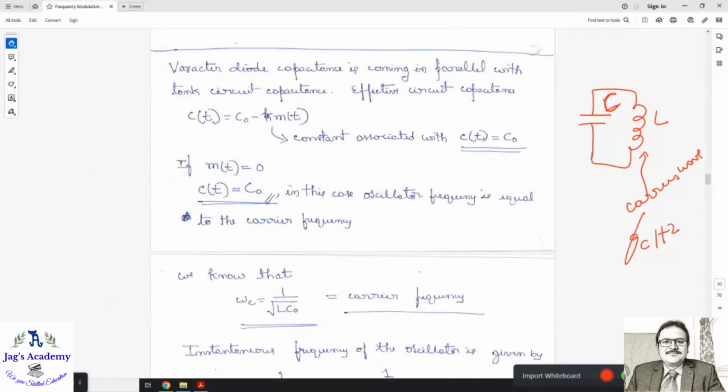Now I will convert this into an FM circuit by connecting one varactor diode in parallel, where you connect your message signal M of t to that.